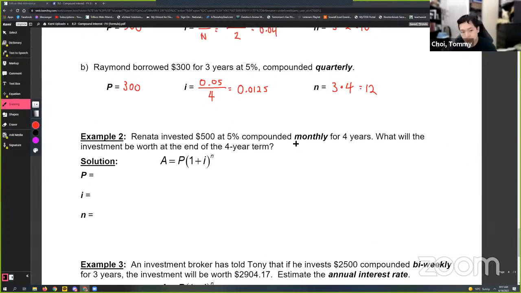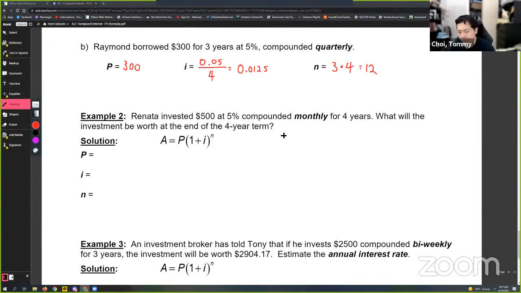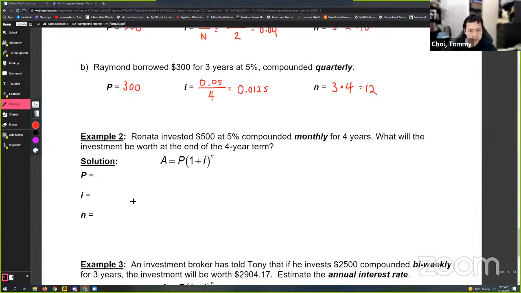So I'm going to do this first example 2 with you now using these values here, and then we're going to be talking about example 3 as well. Okay. So example 2, Renata invested $500 at 5% compounded monthly for 4 years. What will the investment be worth at the end of the 4-year term? Okay. So principal is 500. We write down our givens.